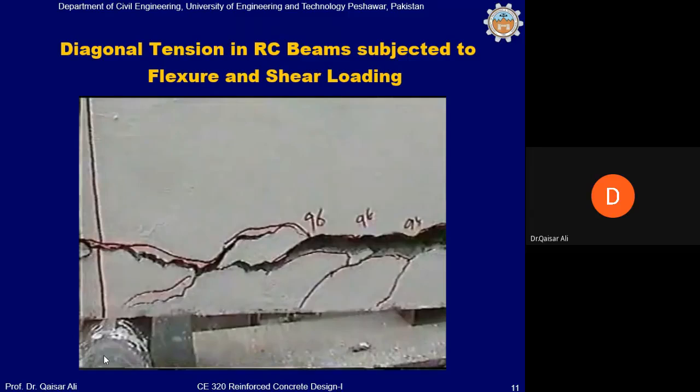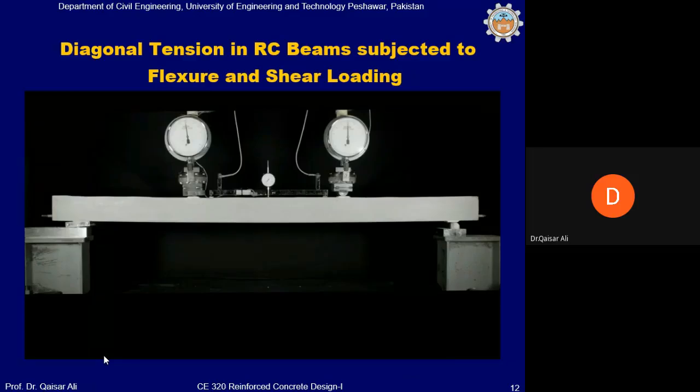However, in the case of shear stresses, as you will see, the contribution from concrete will not be ignored, and it will be used in our calculations. I will show you another video which is similar to this video, wherein you will be able to see again the shear failure, which is sudden and brittle in nature.